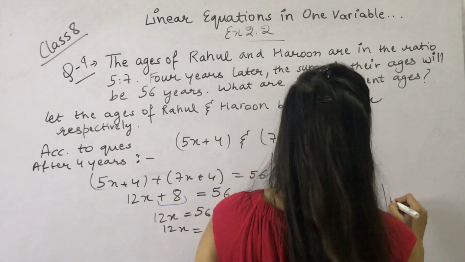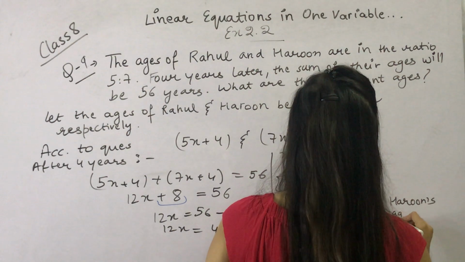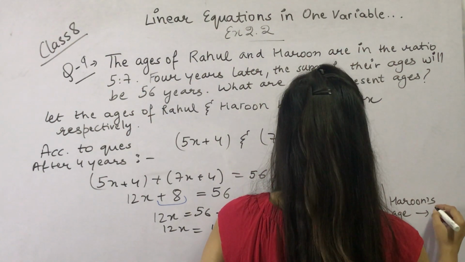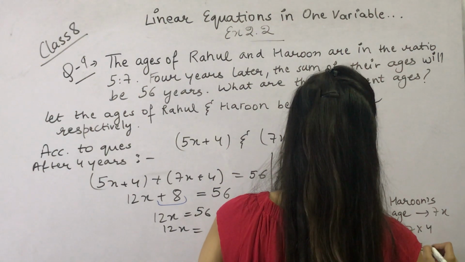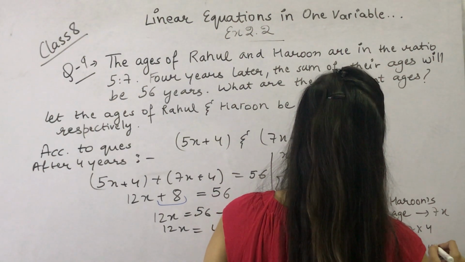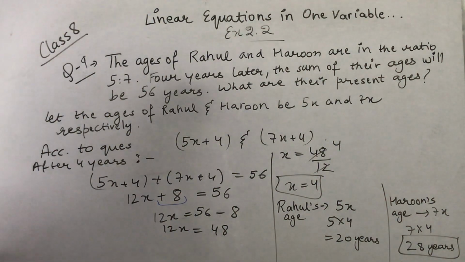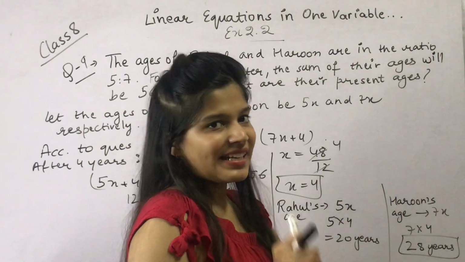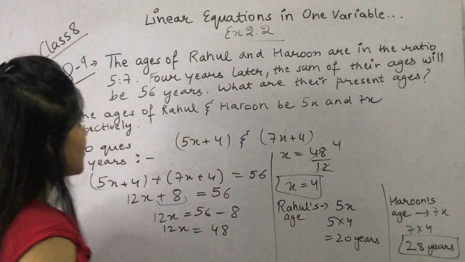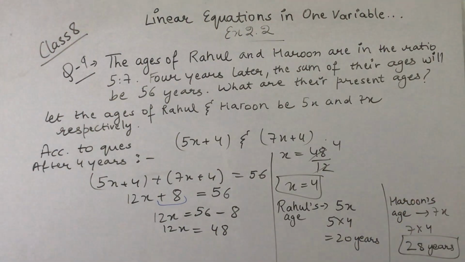And Haroon's age is 7x. So 7 into 4 is 28 years. So it means that Rahul is 20 years old and Haroon is 28 years old. Okay, so this was question number 9 of exercise 2.2.